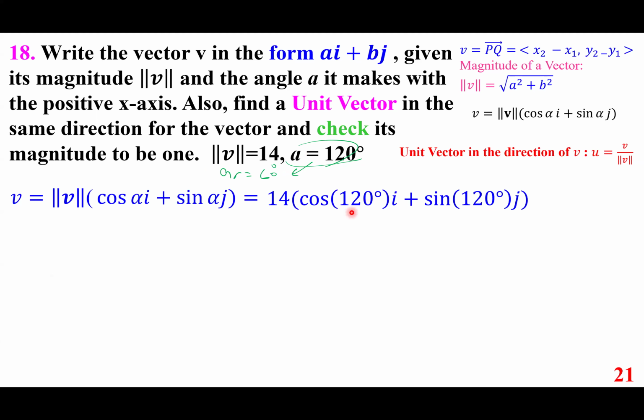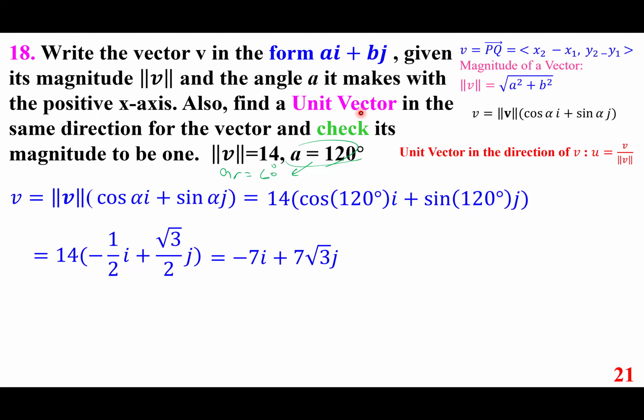In the second quadrant, cosine is negative. So cosine of 60 degrees is 1/2, but cosine of 120 is negative 1/2. And sine in the second quadrant is positive, square root of 3 over 2. So you multiply by 14, the denominator goes away, this becomes minus 7i, and this becomes 7 square root of 3 j.